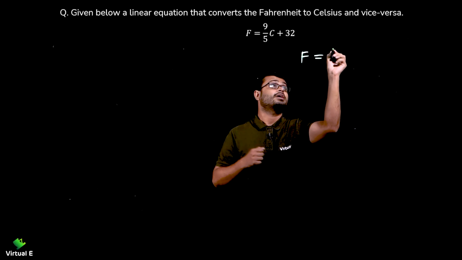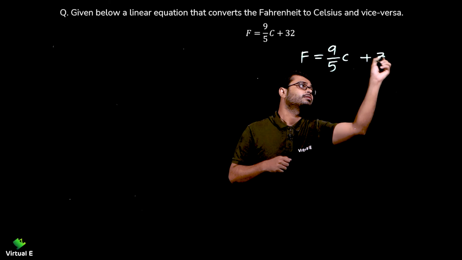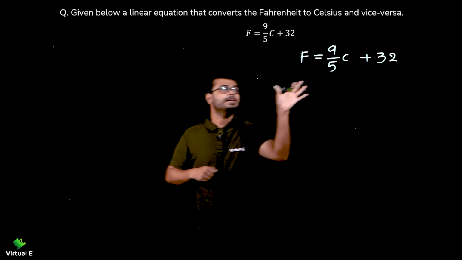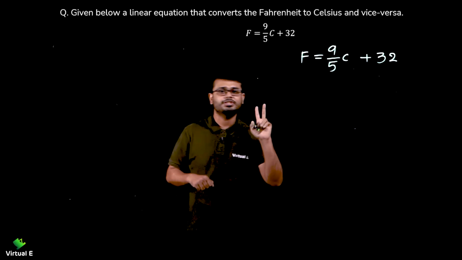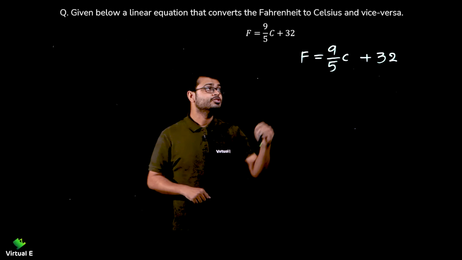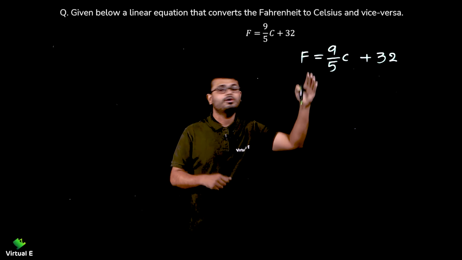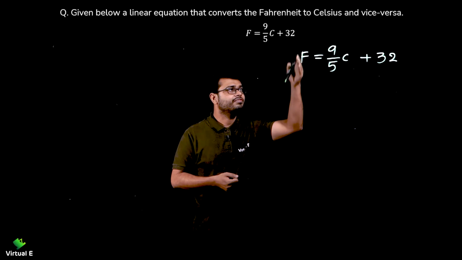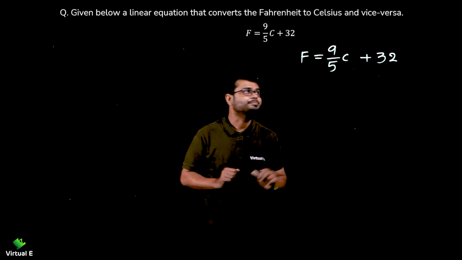Now this is the relation between the units of temperature. There are two units of temperature: one is Fahrenheit, another is Celsius. So if you want to convert temperature in Fahrenheit to Celsius or vice versa, Celsius to Fahrenheit, you can use this relation and modify according to your need.